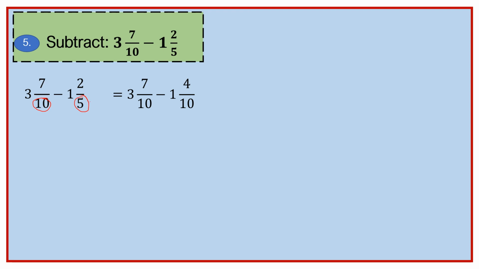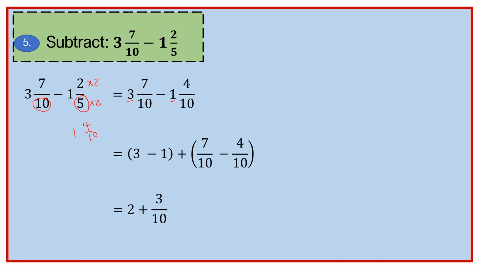So we can multiply 5 by 2 and 2 by 2 such that we get 1 and 4 out of 10. Then we get 3 whole number minus 1 whole number, and then we get 7 out of 10 minus 4 out of 10. So we get 2 and 3 out of 10.